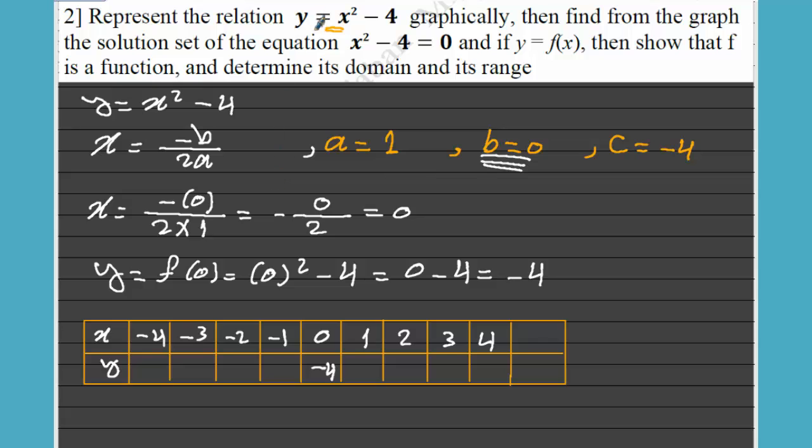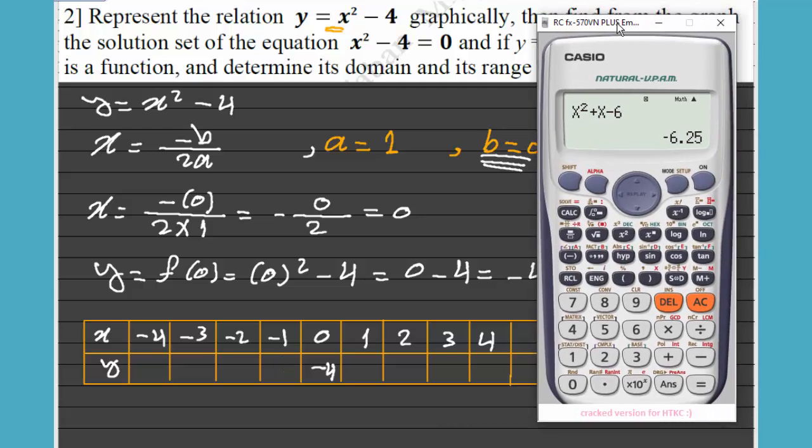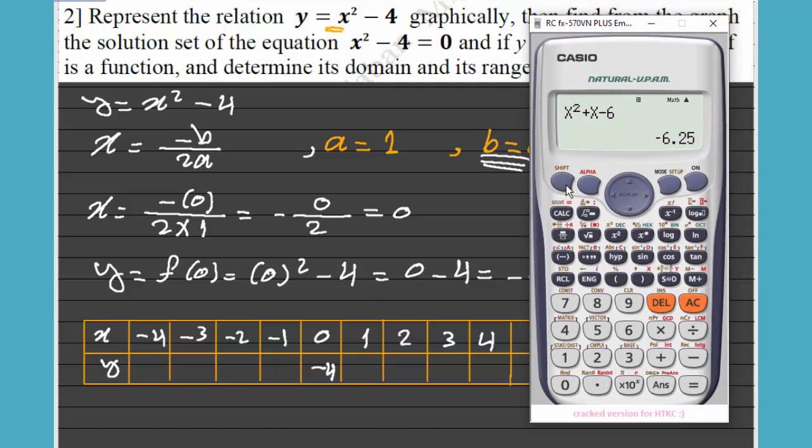And now back to the calculator to complete this table. First we write the equation. We change the mode. Here is the 7 table, x squared minus 4. We'll start from negative 4 and end the table at 4, and then when x equals negative 4, f of x equals 12.